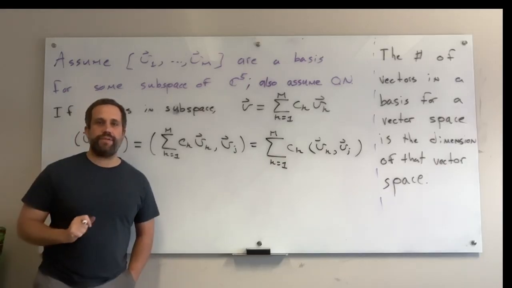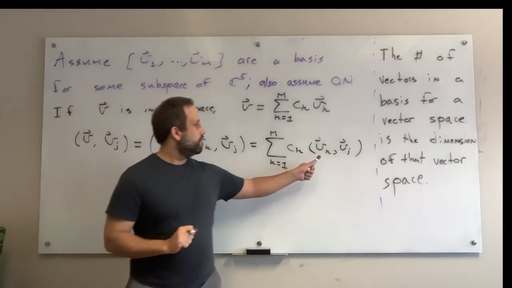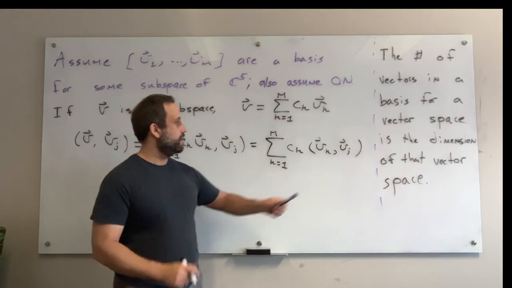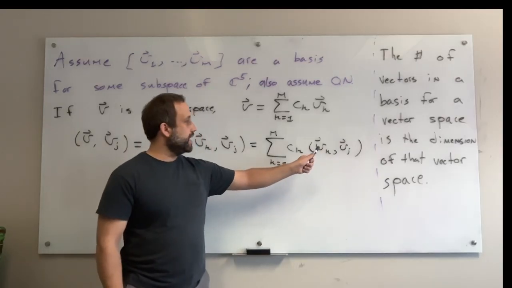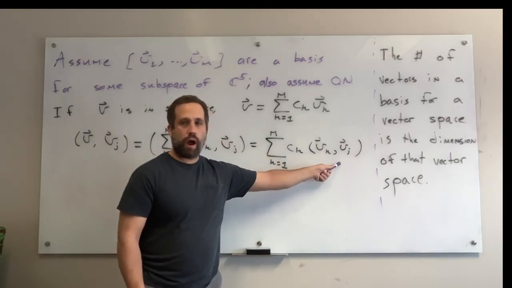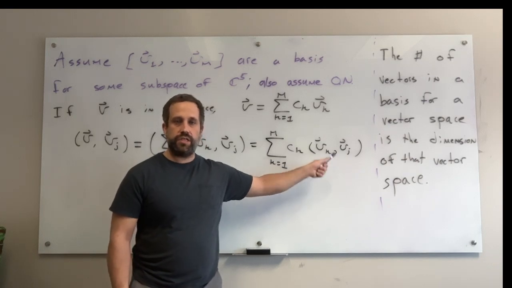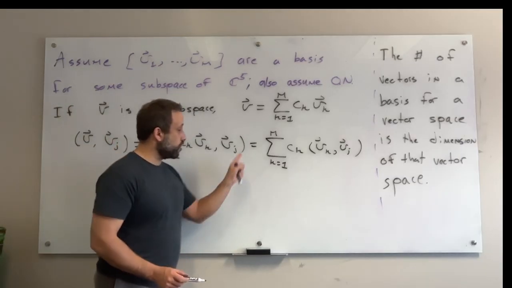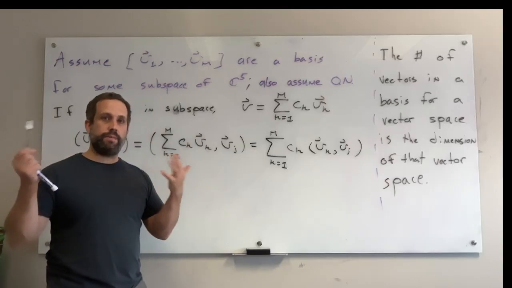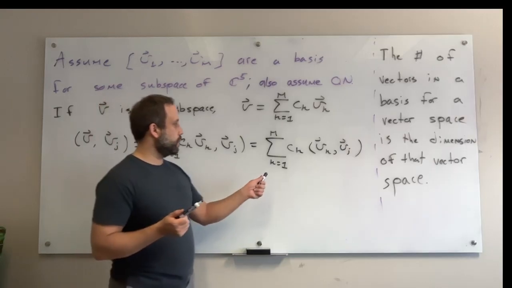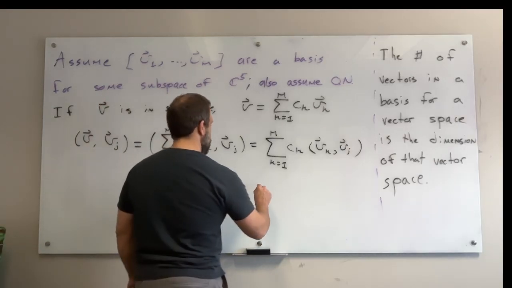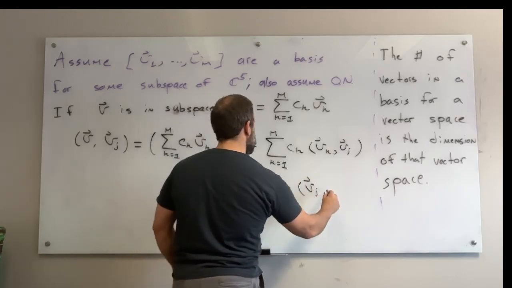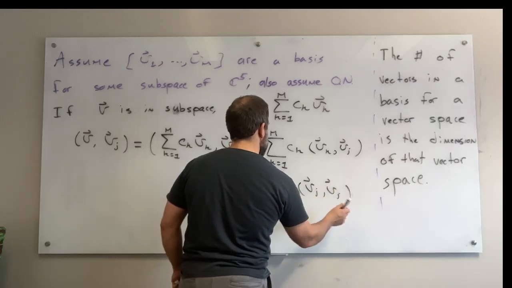But notice what happens here. Vk, Vj, the inner product of Vk and Vj. K is going from 1 to m. J here is fixed. Unless K is equal to J, these inner products are all going to be equal to 0 because these vectors are pairwise orthogonal. So the only term that might be non-zero is the term corresponding to K equal to J. And so we're going to get Cj times the inner product of Vj, Vj.